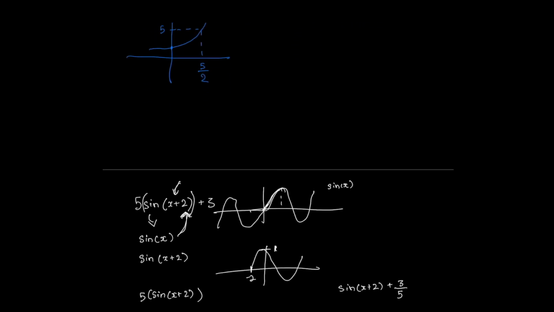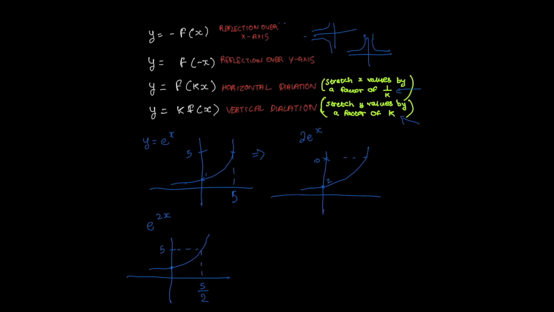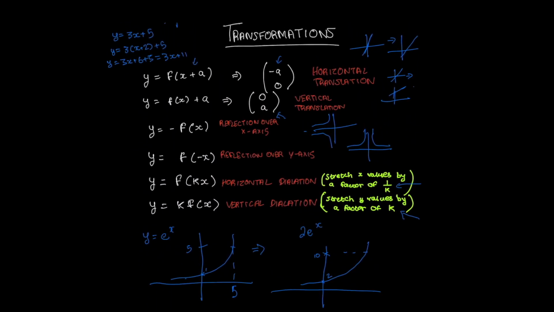Every single time you have to derive it, just remember that you start either from the outside or from the inside. By outside I mean manipulating the f of x function as a whole, and by inside I mean manipulating the actual x variable only, like horizontal translation, reflection over the y-axis, and horizontal dilation.